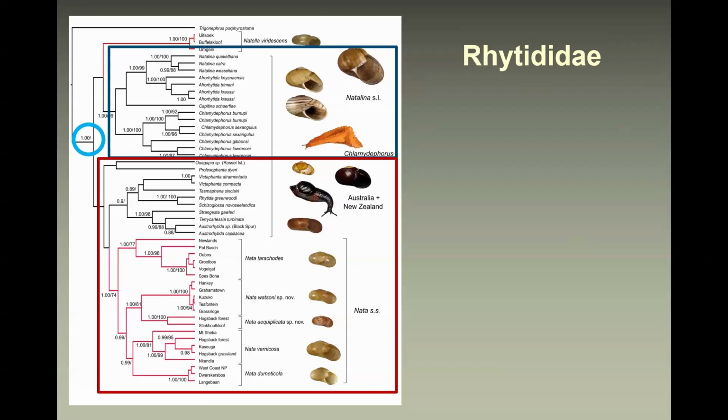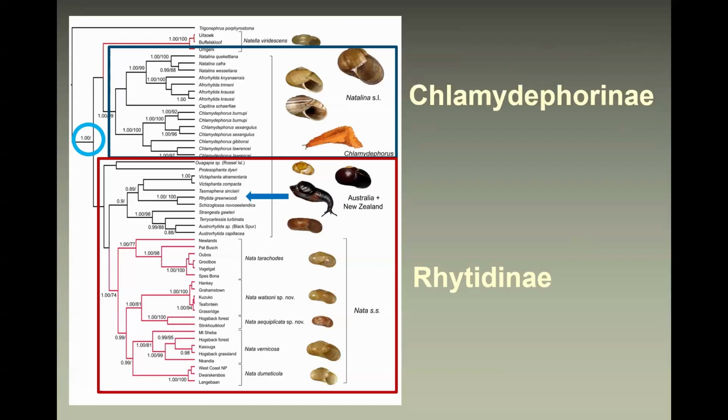So if we're going to think of these as subfamilies, we take Rhytida for the Rhytidini, and this now becomes, with Chlamydophorus in there, the Chlamydophorini. So we have the family Rhytididae with two subfamilies, Rhytidini and Chlamydophorini.